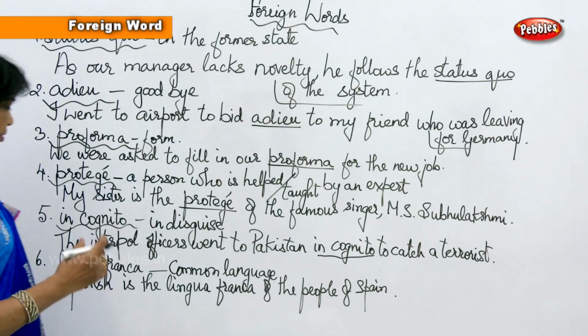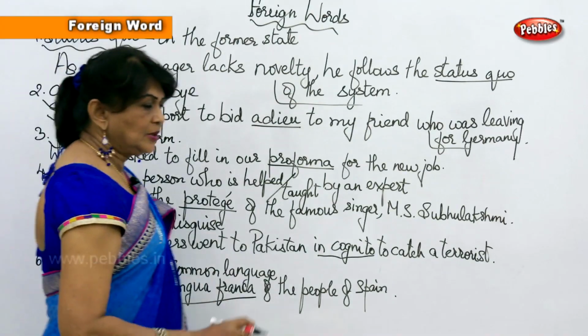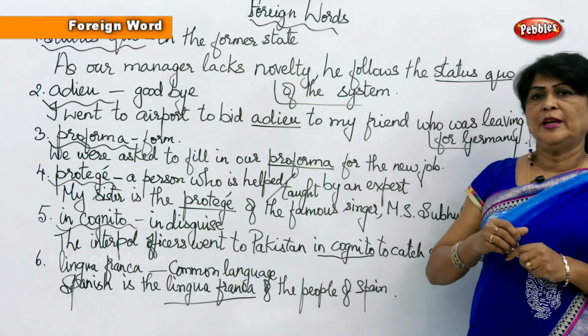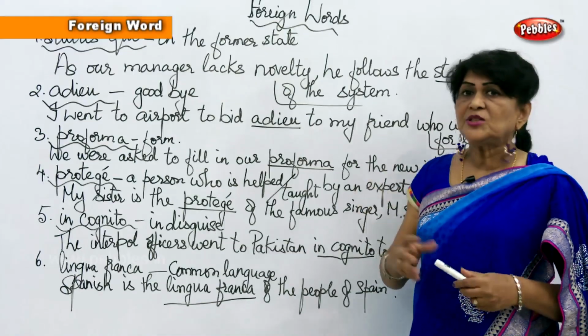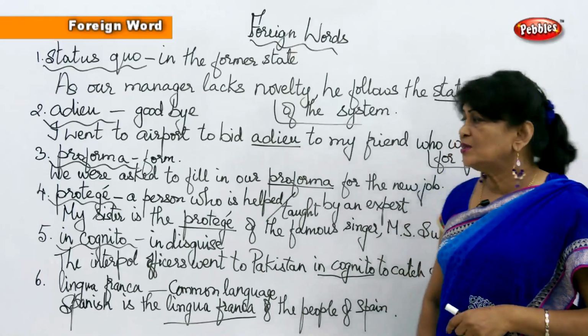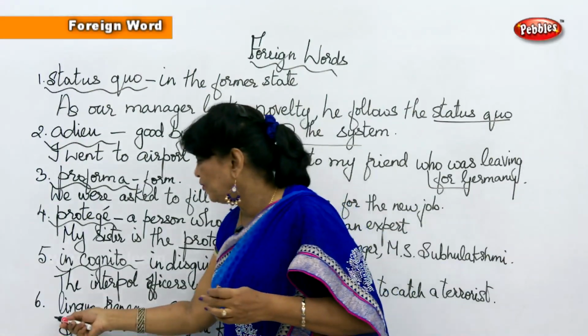Okay, so do you now understand the meanings of all these words? Because foreign words, you have to use them in your mode of speech to enrich that language. Okay, to enrich the English language, you have to use these words. People will really have a very high opinion of you.